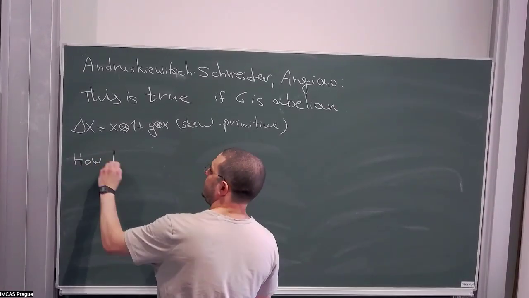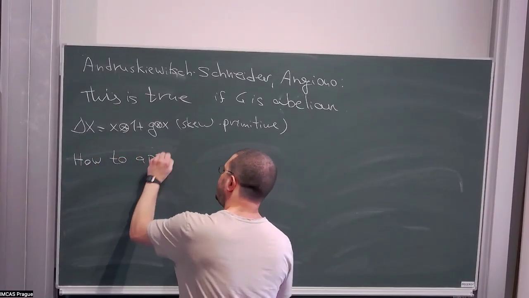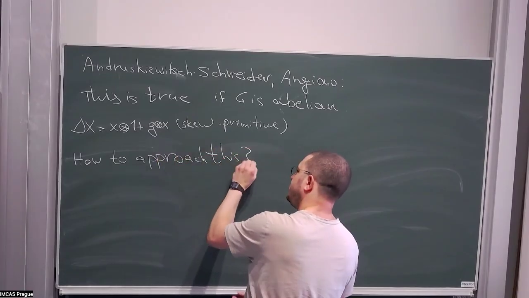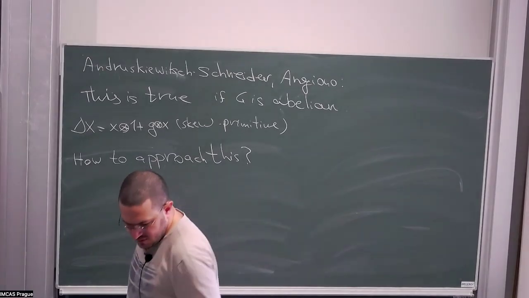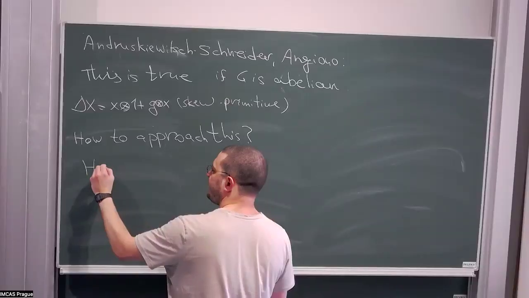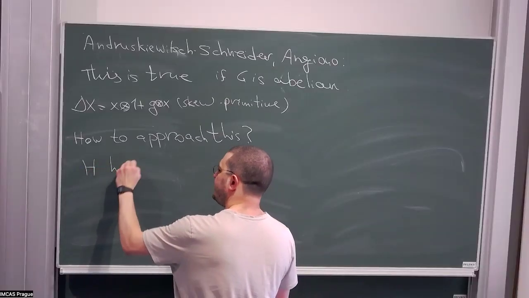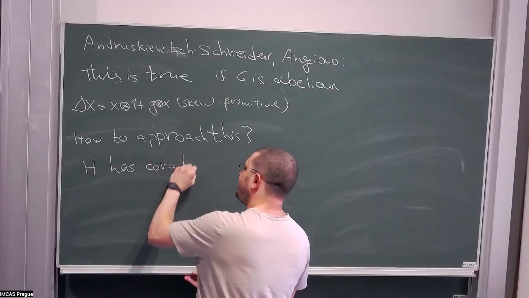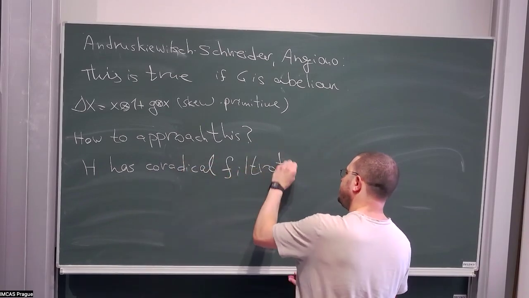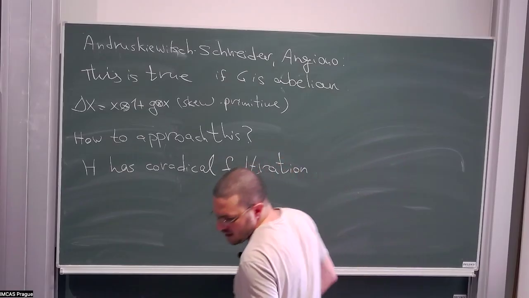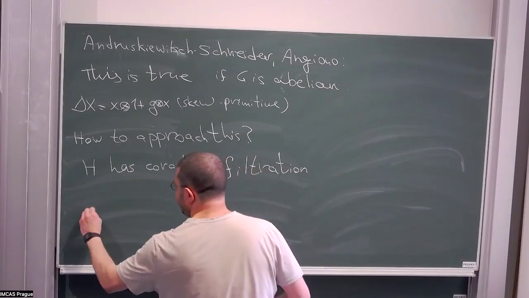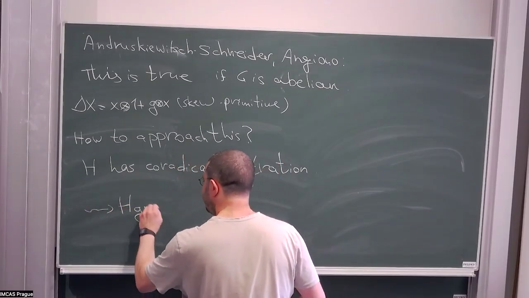So the idea is the following. First thing, we take the coradical filtration. So H has a coradical filtration, and then we can pass to the associated graded algebra, H gr.